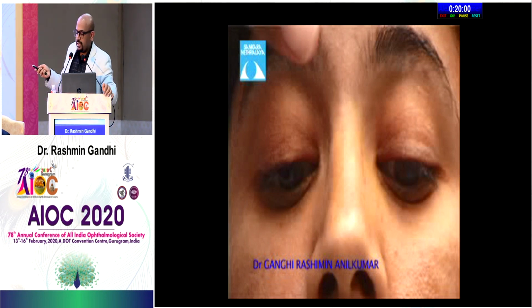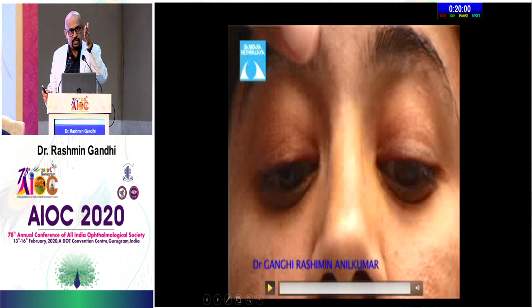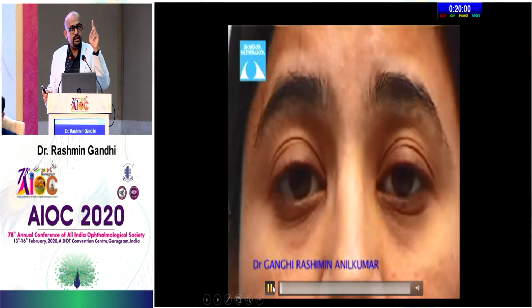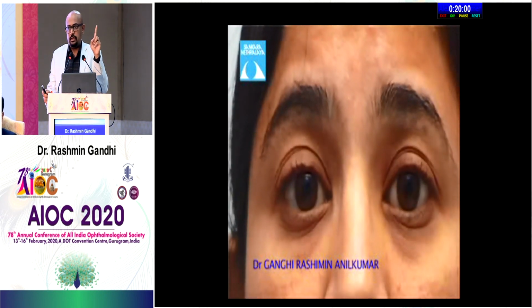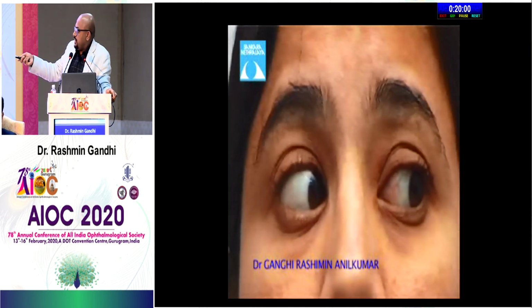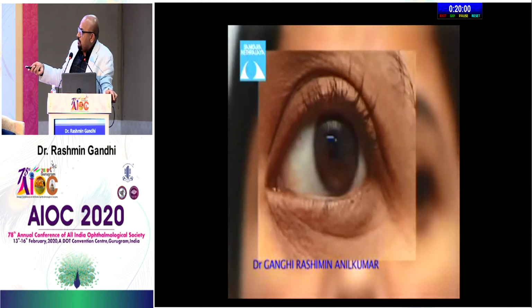So what you saw was an example of a torsional nystagmus, where the nystagmus started before the end of the gaze. That is called gaze-evoked nystagmus. Nystagmus which is not present in primary gaze, but is brought about when the patient looks to the right and left. There are two possibilities. One is end point nystagmus, and second is gaze-evoked nystagmus. Here you see the nystagmus comes before the end of the gaze.